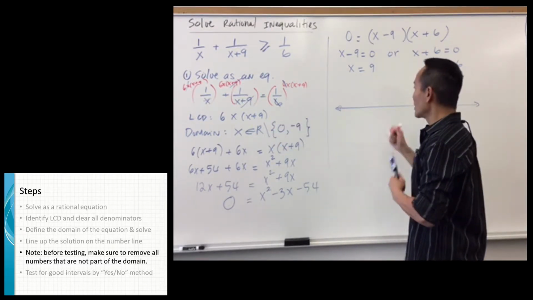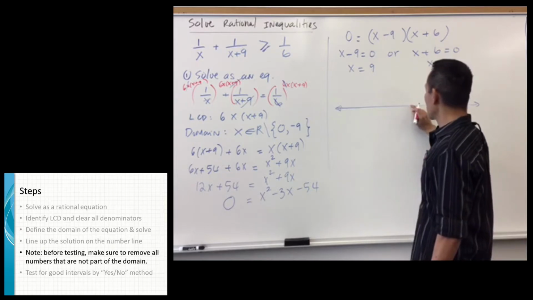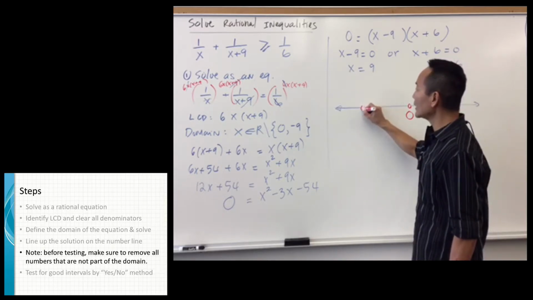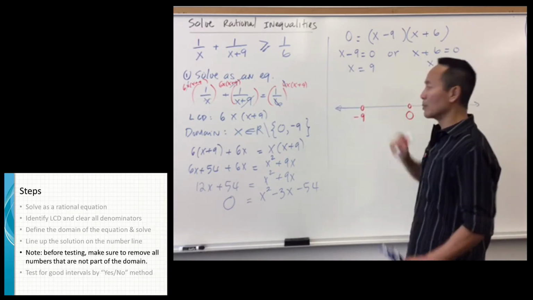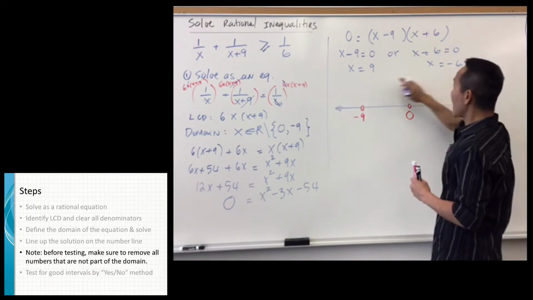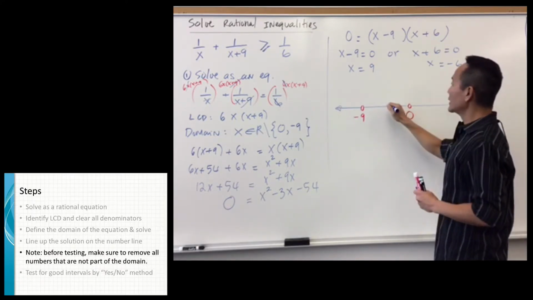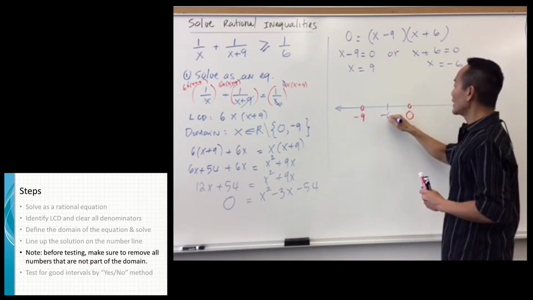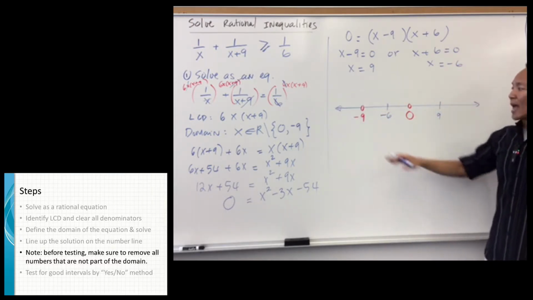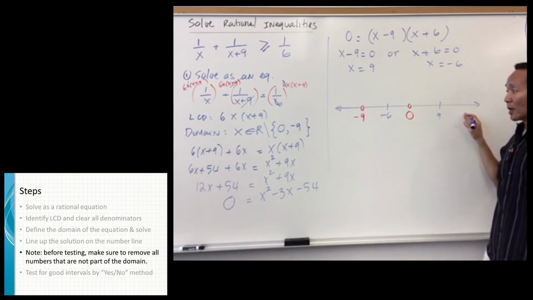Those are negative 9 and 0. So I assume 0 is somewhere here. We remove it. And negative 9 would be somewhere here. I removed it. And then I line up negative 6 and 9 on my number line. So negative 6 somewhere here, and 9 is somewhere here.